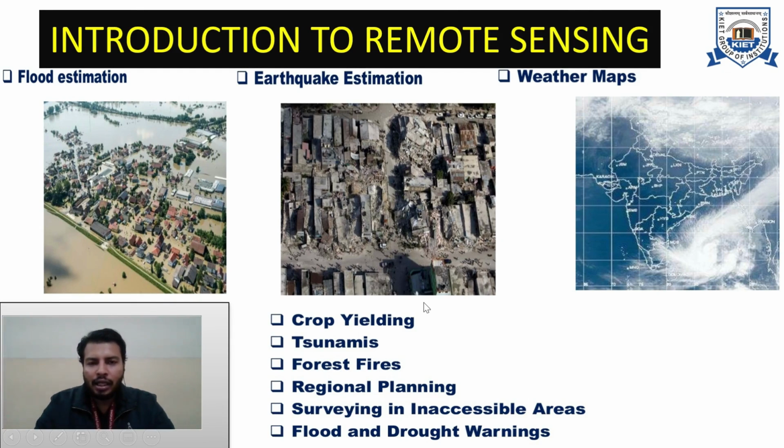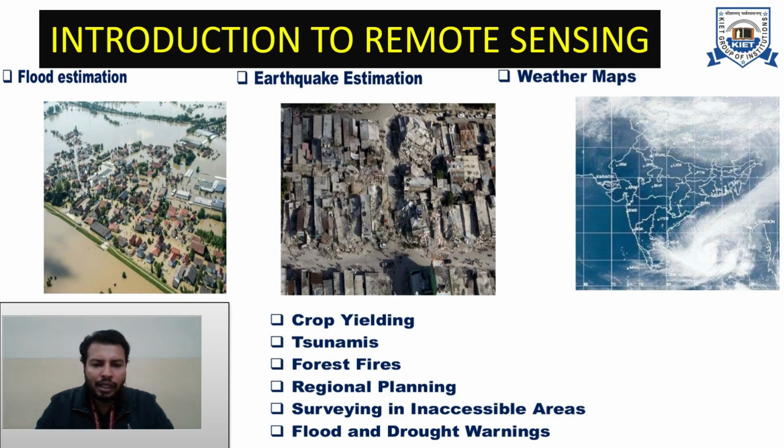Then again, remote sensing finds its application in a vast variety of areas. Some of them are crop yielding: how much crop is going to yield, is the crop healthy or not, is it stressed or not? Such information can be obtained. Tsunamis: where the waves are troubling the shores. Forest fires: we can find regions of a forest that are more susceptible to fire.